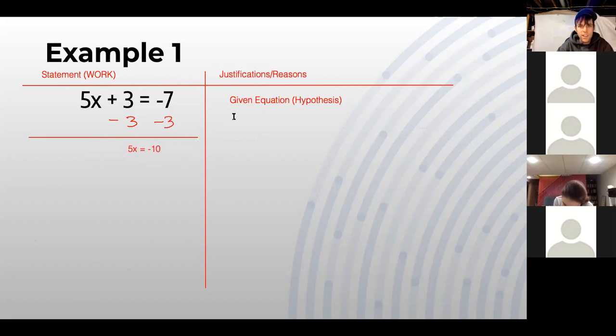And we want to write our justifications over here. So this first one was the subtraction property of equality. Again, you can shortcut that. I'm pretty okay with you just writing subtraction property, or even later on, even shorter than that. We kind of get the point. But for now, let's just be specific.